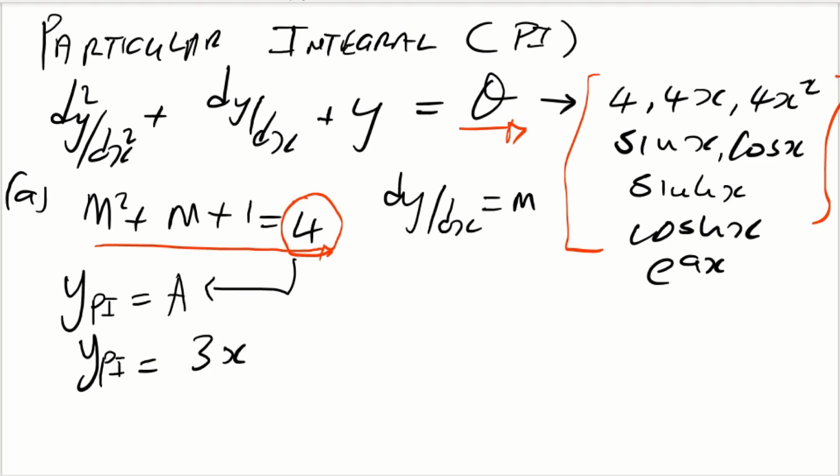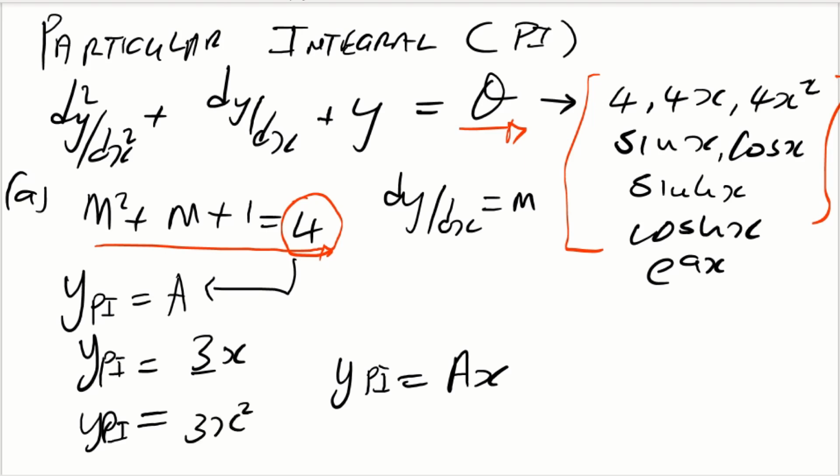So if you get an equation like this, you let the constant be A, so you're gonna say Ax. Okay, so the next one, let's say your whole left hand side equation was equated to a quadratic, 3x squared plus 4x plus 6.